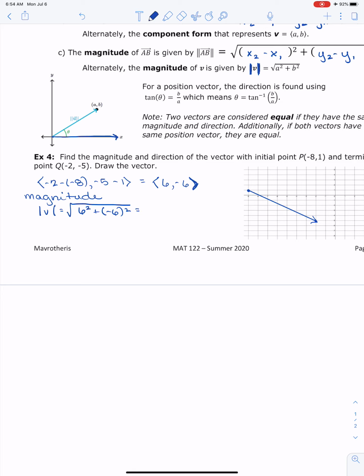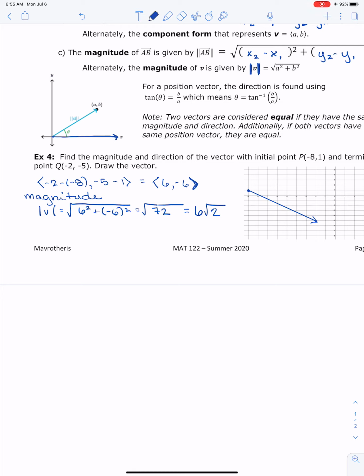I get square root of 36 plus 36, which is 72. We are definitely not going to crank this into a calculator and get a decimal equivalent. We want exact values. I can simplify this. We know that 72 is 36 times 2. So I can pull that square root of 36 out, that's 6. And we get a magnitude or a length of the vector of 6 square roots of 2.